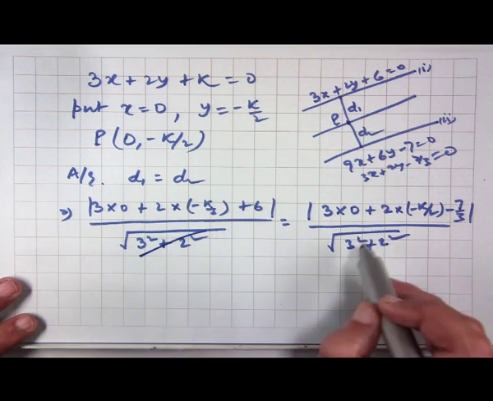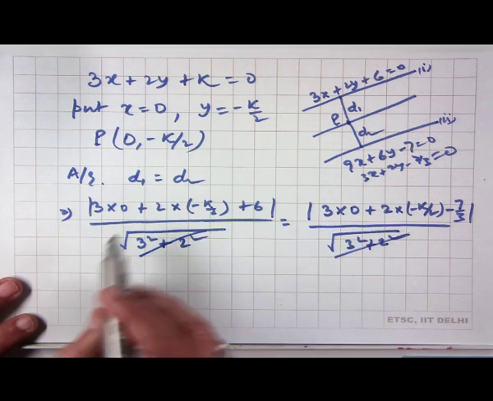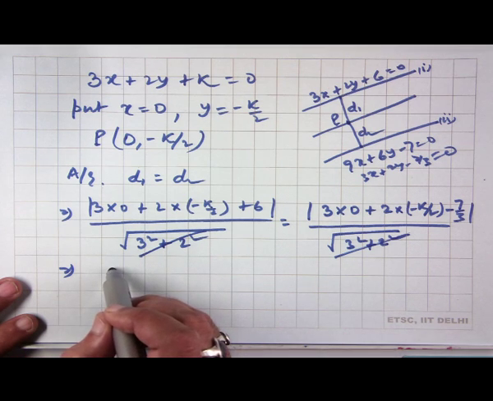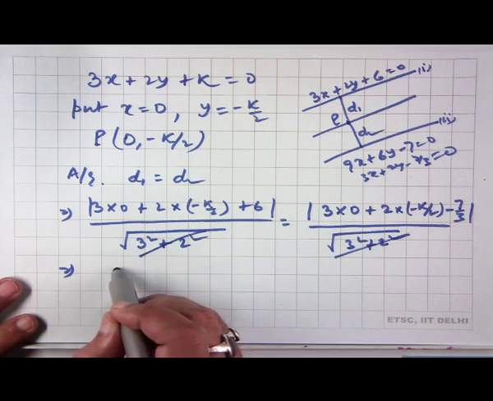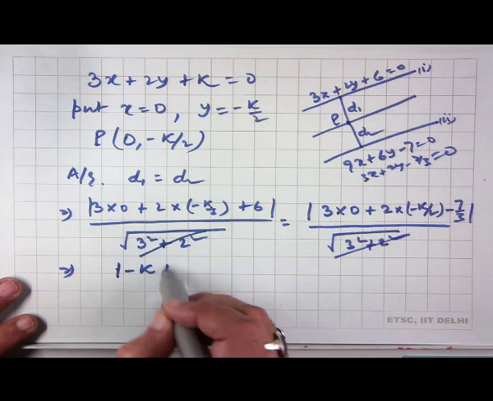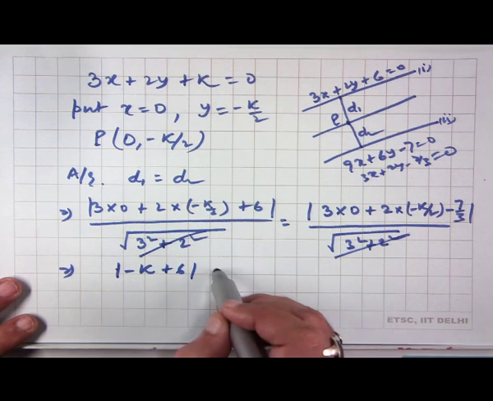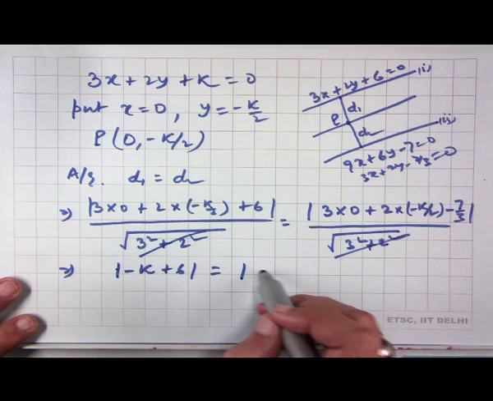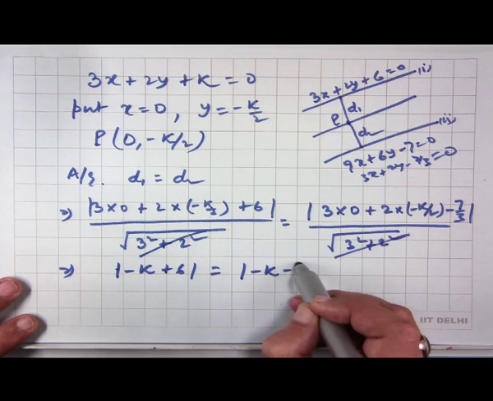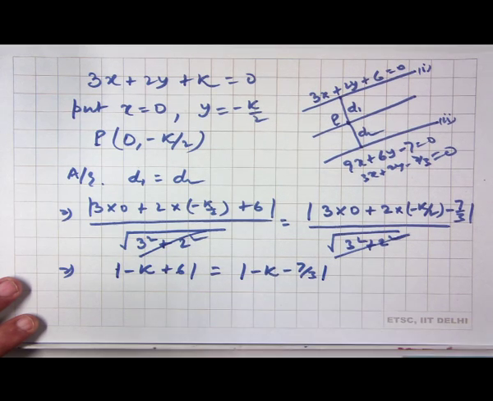So these two you can cancel. So this implies |−k + 6| is equal to |−k − 7/3|.